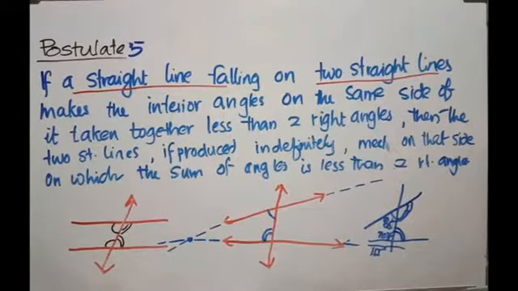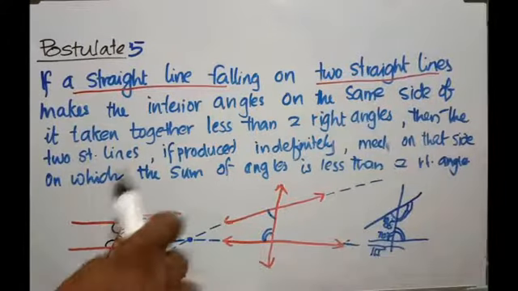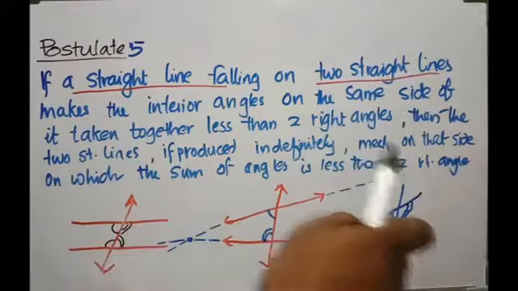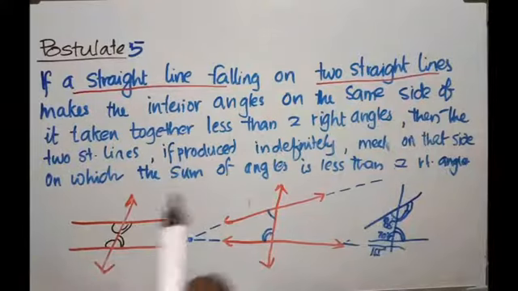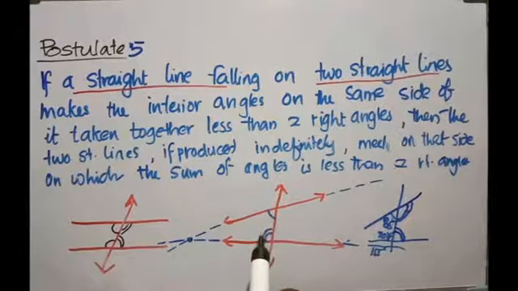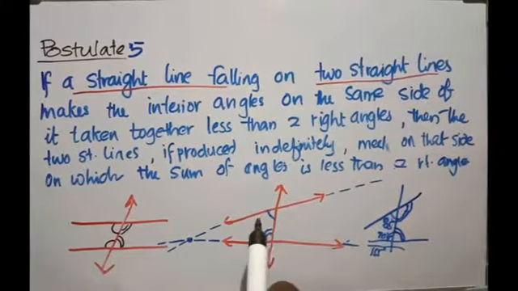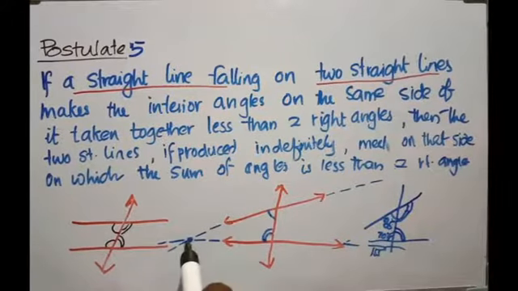Where do they meet? On that side on which the sum of interior angles is less than 180 degrees. On whichever side the sum of the two interior angles is less than 180 degrees, on that side they meet each other.